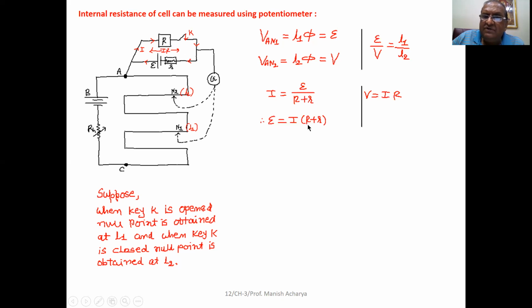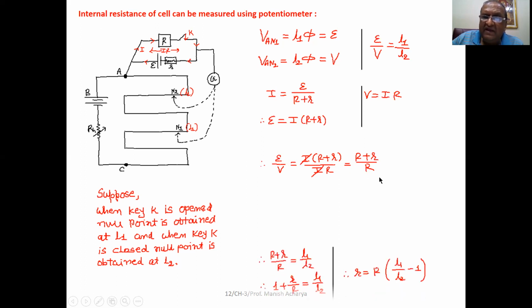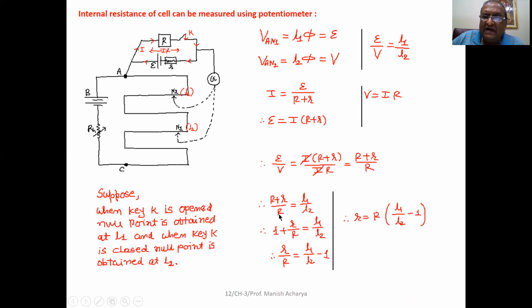Now if we substitute these two values of E and V in this equation, then E by V is I into R plus r upon IR. So I cancels, and R plus r upon R is equal to L1 upon L2.